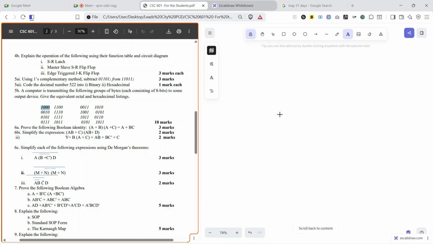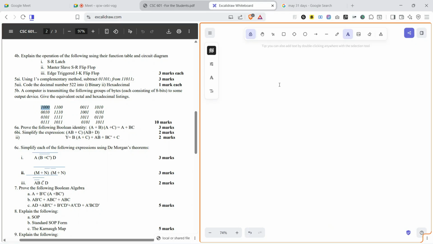So let me just do an example. So this is 1001100. So for the octal, this will be in grouping of 3.